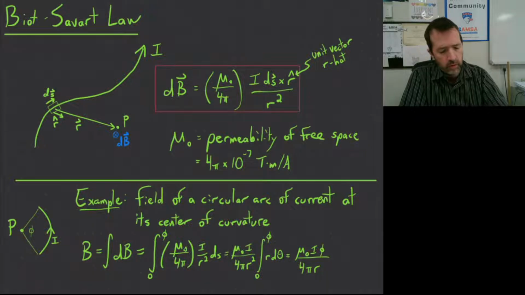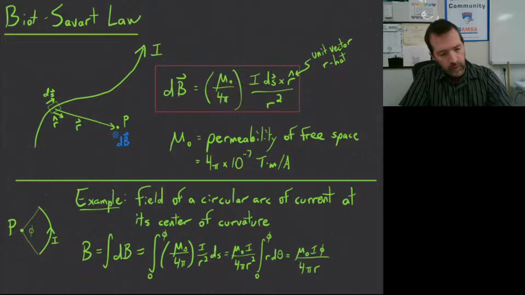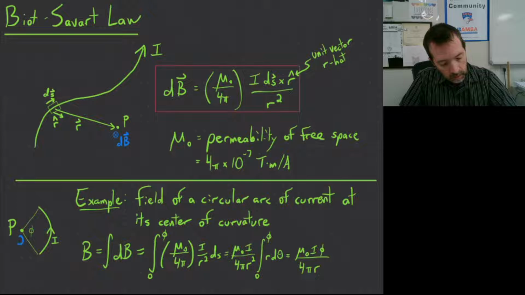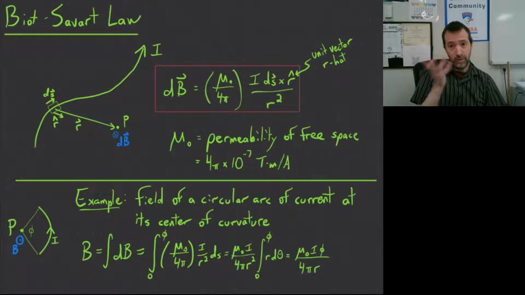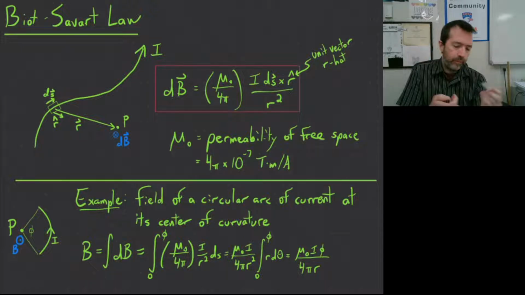And the direction, if you do your right-hand rule for the current down there in that arc, you'll find that the direction of the field at that point, I'll go ahead and draw this in. Actually, I'll do it in blue because I've been using blue for my magnetic fields. The magnetic field there is going to be coming out of the page, and that's just based on the right-hand rule.